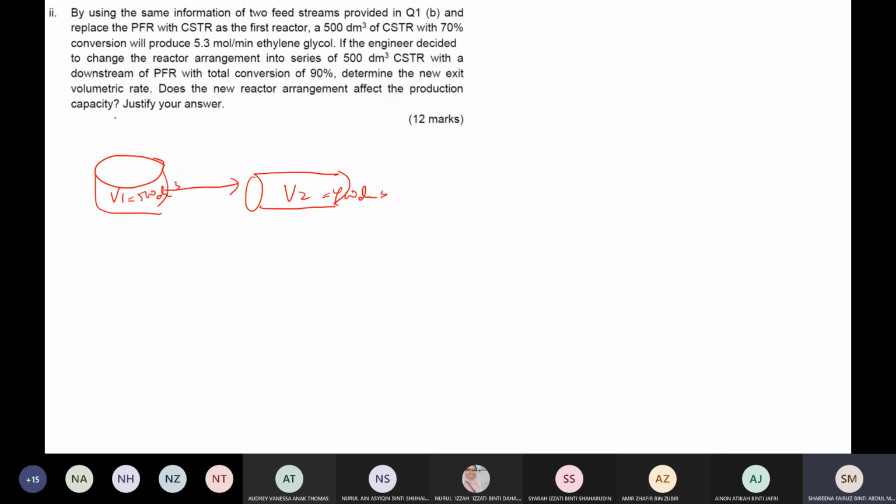So put back, this one has A and B. This one is X1 equal to 0.7, X2 is equal to 0.9. So it has been given already. So from there, use it first, looking at V1. So V1 is equal to, remember FA0 X1 in number 1, so X1 over negative RA1 in number 1.